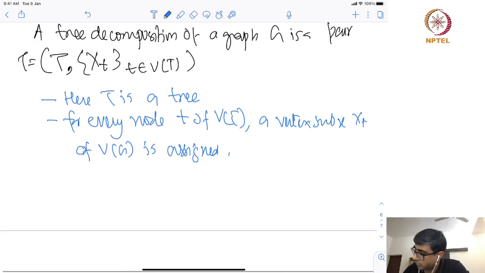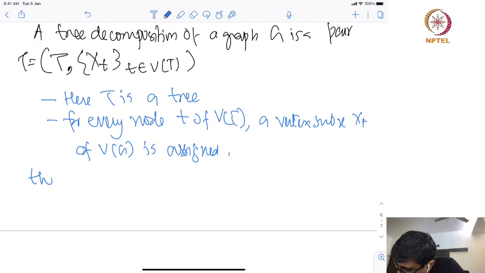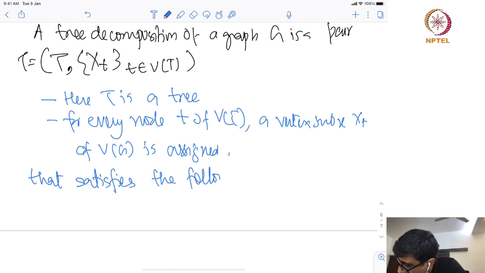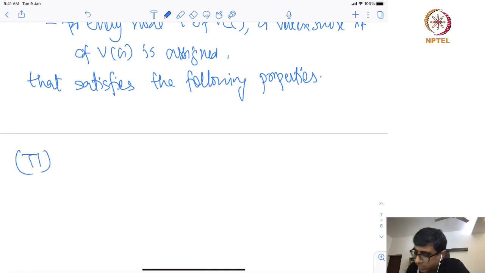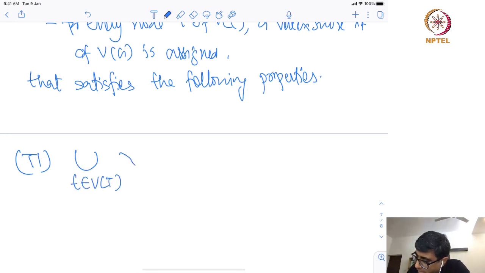Okay, pair tree that satisfies the following properties. Okay, so what are the basic properties? So the first property, T1, is that if you look at the union over t in V(T) of xt, this is equal to the vertex set of G.